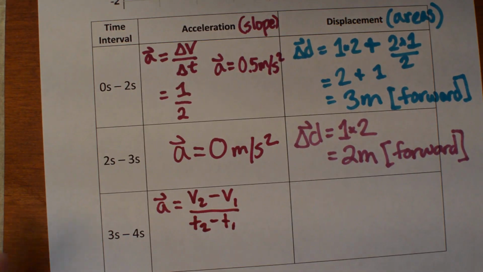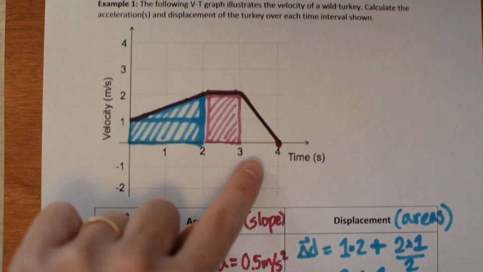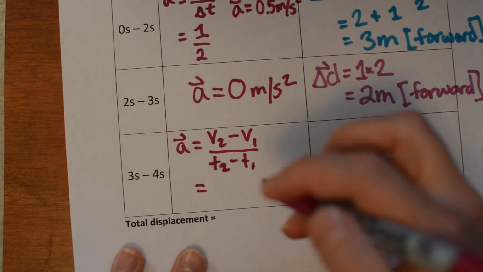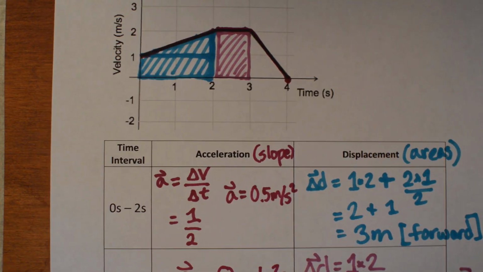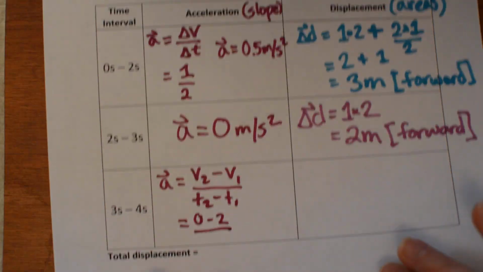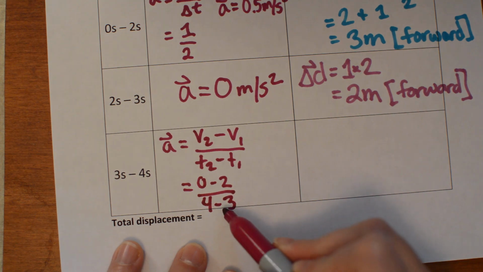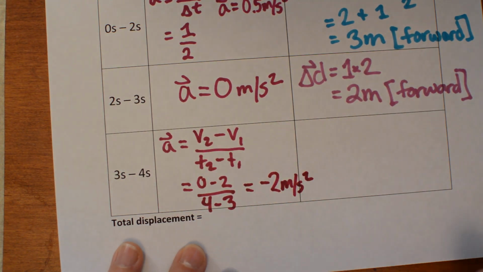Sometimes that helps people make sure they get the sign right. My V2, the final velocity, is 0. My V1 starts out at 2. So that's 0 minus 2. On the bottom, T2 minus T1, I start at 3 seconds and go to 4 seconds, so that's 4 minus 3. And that makes negative 2 over 1, or negative 2 meters per second squared.